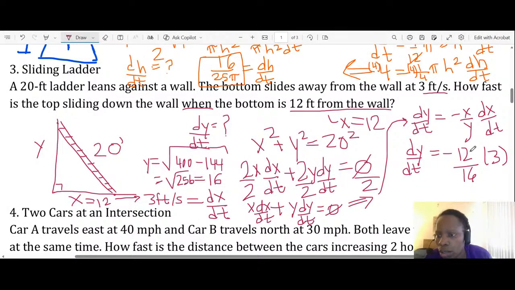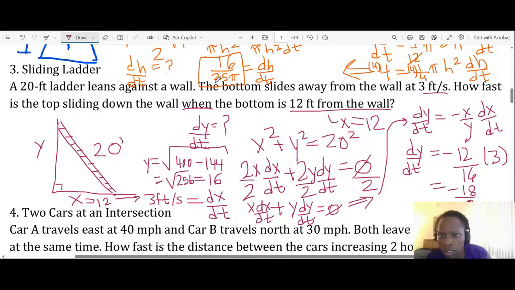Okay, so it's going to be minus 36 over 16. Okay, we can reduce it by 2. There's a common factor of 2 there. So minus 18 over 8.